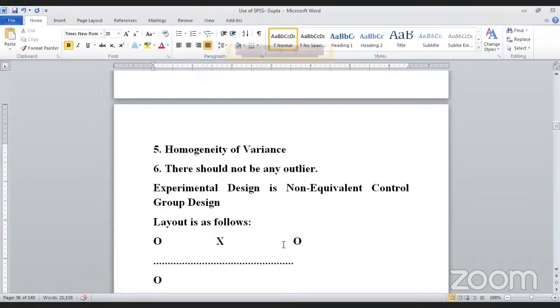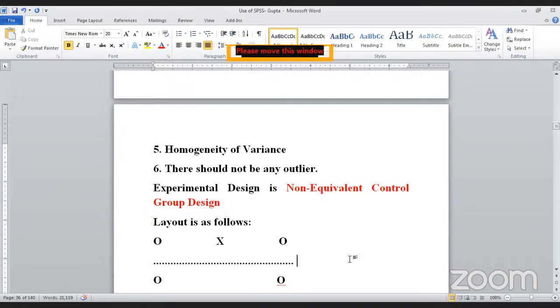Now in the other group, you are not doing any exercise. It is a control group and you again take the weight. The interval between the pre-test and post-test, if it is 20 days, in the control group also it must be 20 days. So this is the layout of the non-equivalent control group design.